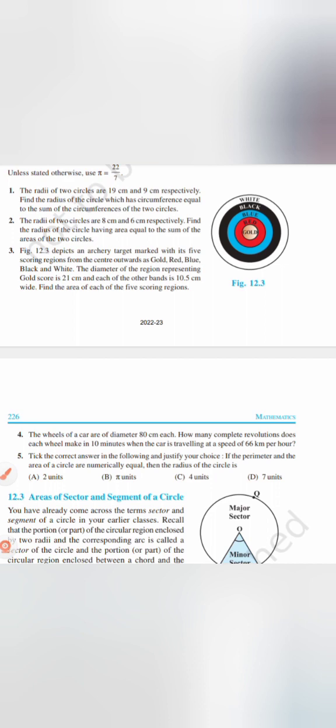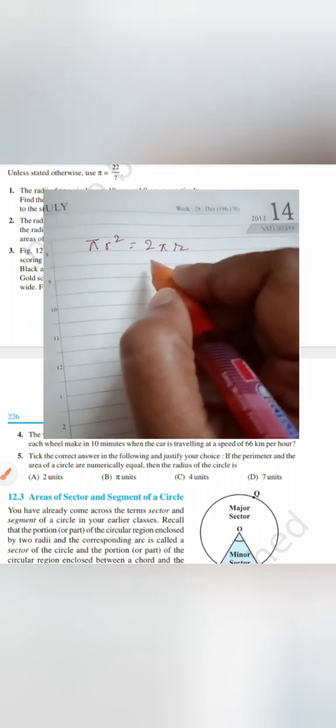It tells me that for a circle, pi r square is equal to 2 pi r. In which case can this happen? So pi r square is equal to 2 pi r. I need to find the radius.